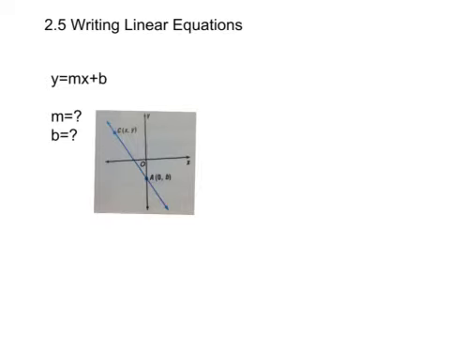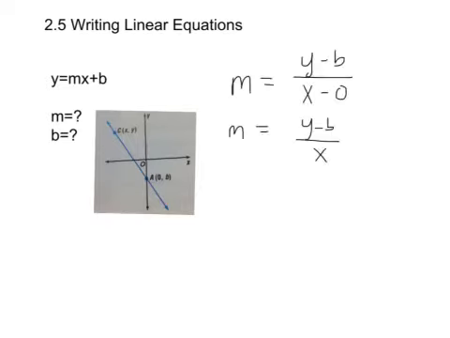Suppose we need to find the slope of line AC. If we plug in these coordinates to our equation for slope, we end up determining that slope equals y minus b over x. Now let's solve this equation for y. We'll multiply both sides by x, then add b to both sides.